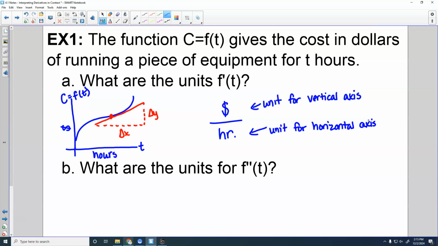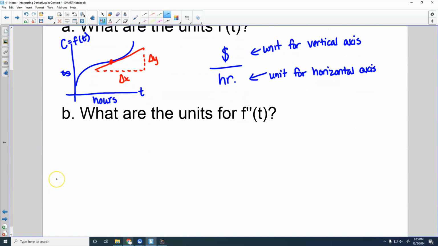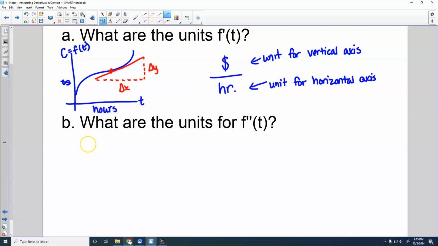All right. So for the second derivative, this is where I usually see it fall apart. First derivative, kids are usually a little better with their units. Second derivative is where it falls apart. So the second derivative is your instantaneous rate of change of your first derivative, right? So if I did a graph of f prime of t, so f prime of t is here, and this is t, and I am not going to try to actually make it accurate, but we'll do something here.